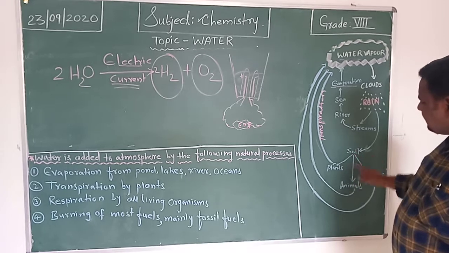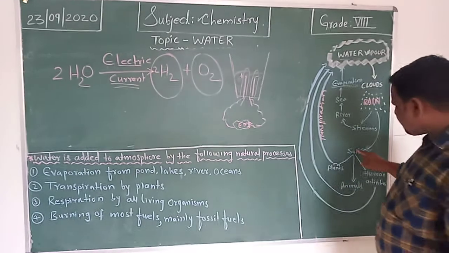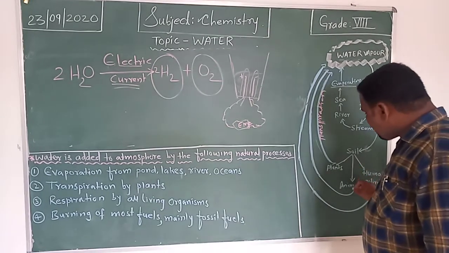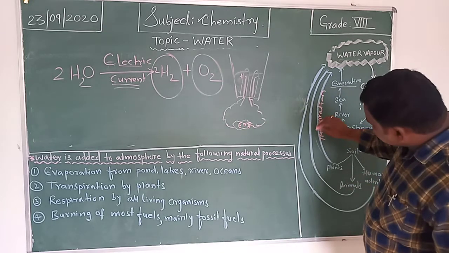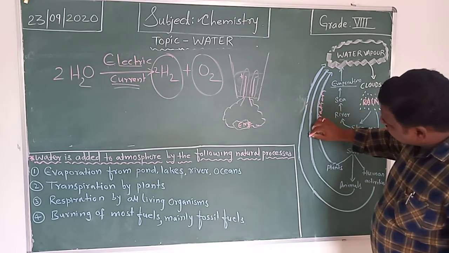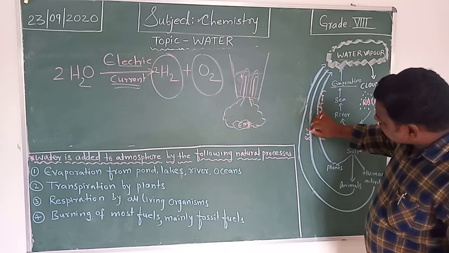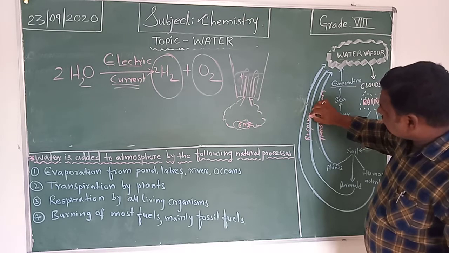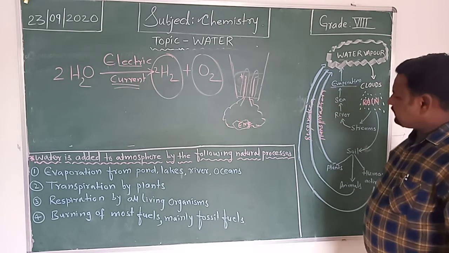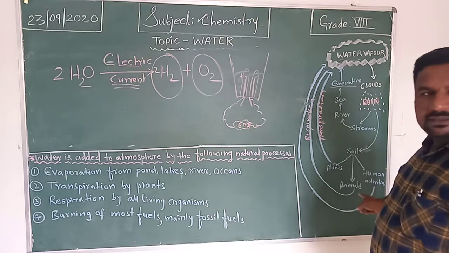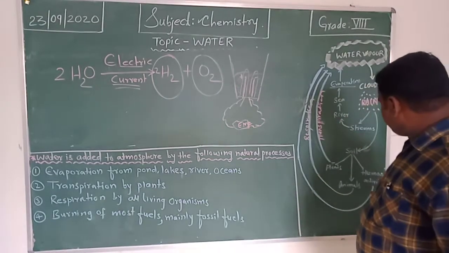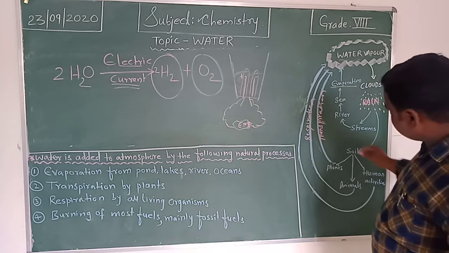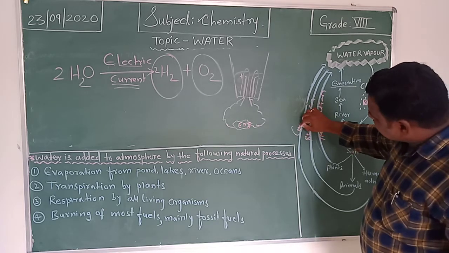And the water which is taken by the animals from the soil is given back, added by which process? Respiration. And water is again added as a result of several human activities, by combustion.